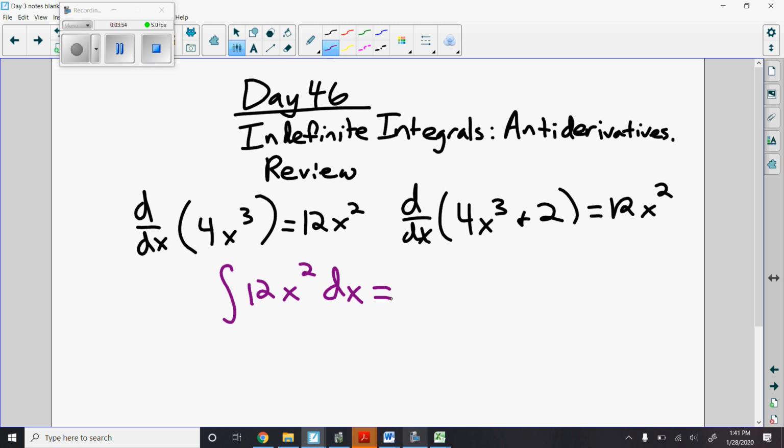It's just the integral sign by itself. That gives us the idea that this is an indefinite integral, okay? And one way that we can think about antiderivatives is: what function gives a derivative of 12x squared? Well, it's pretty obvious because it was in the review problems here. The antiderivative of 12x squared is 4x cubed.